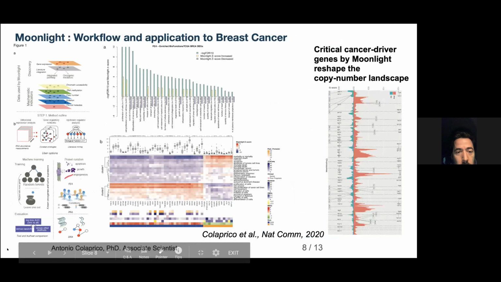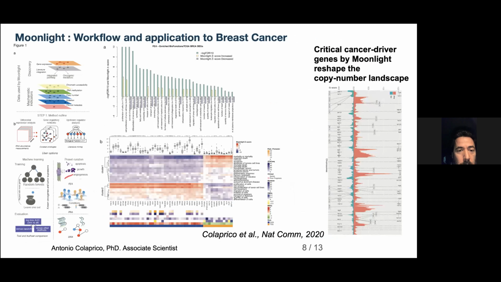So how does it work? What is the workflow behind it? First of all, we considered the network and the gene expression data. We perform a differential expression analysis between normal and tumor to obtain candidate genes that are differentially expressed.